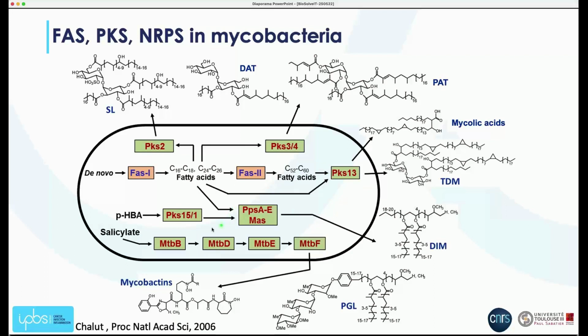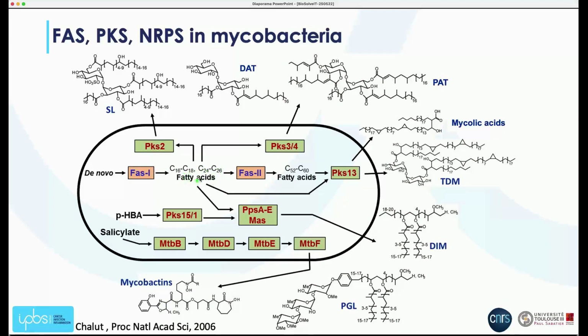For instance, in fatty acid metabolism, fatty acids are synthesized de novo by a normal fatty acid synthase, like you find in most eukaryotic and prokaryotic cells, which synthesizes short-chain fatty acids containing up to 24 to 26 carbon atoms.